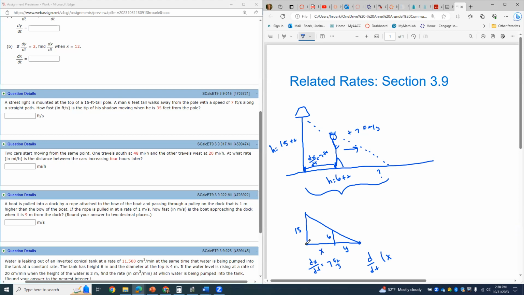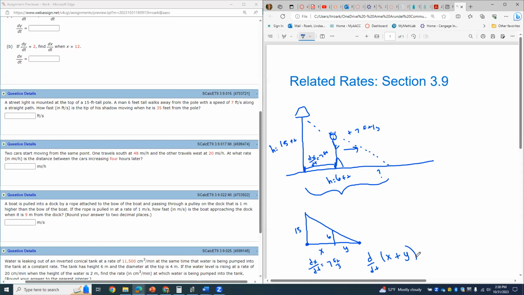We want the distance from the light post to the end. So this would be the rate of change of x and of y. That's what I would need to find. That distance would be x plus y, and I need to find out how that's changing.